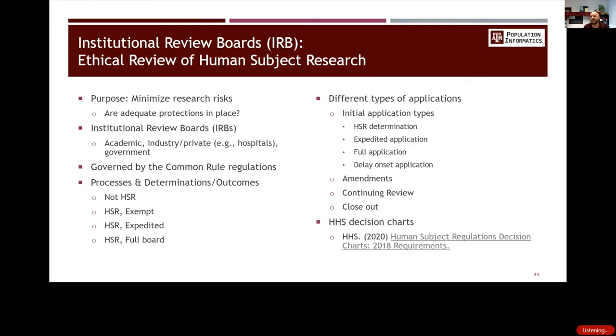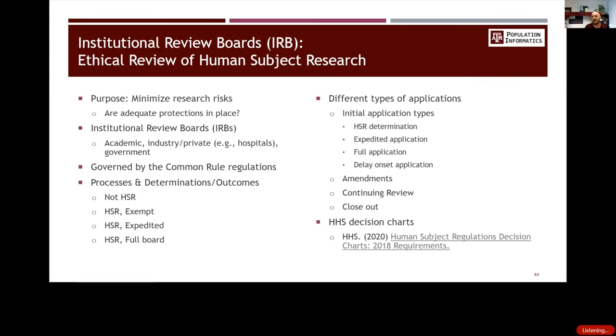Say you've got de-identified data, right? The other thing they might do is look at it and say, okay, well, this is human subject research, but guess what? It meets a legal exemption that says that research under these circumstances does not need to follow these regulations. They're exempt from these regulations.